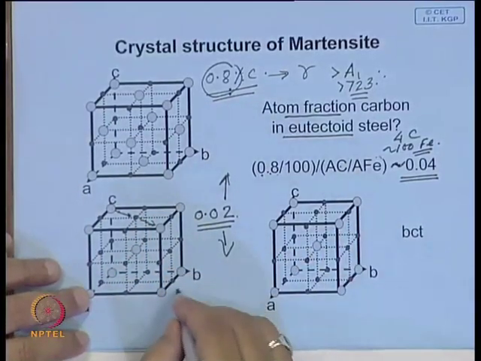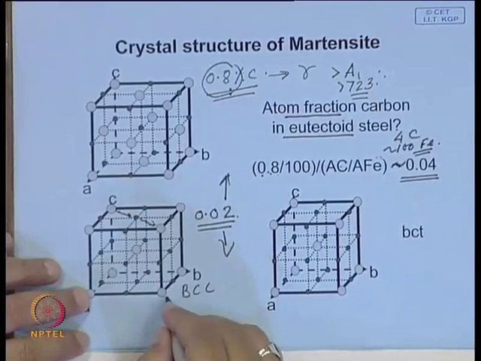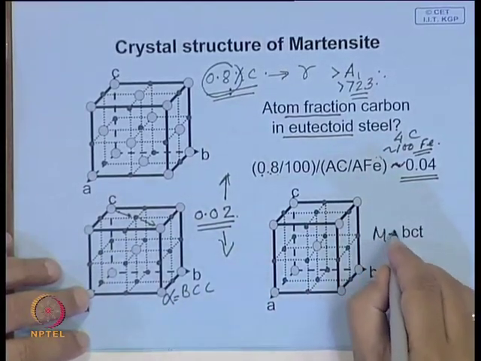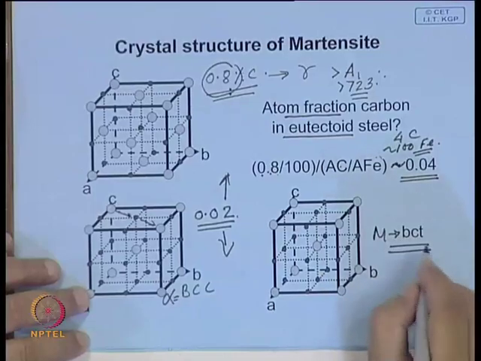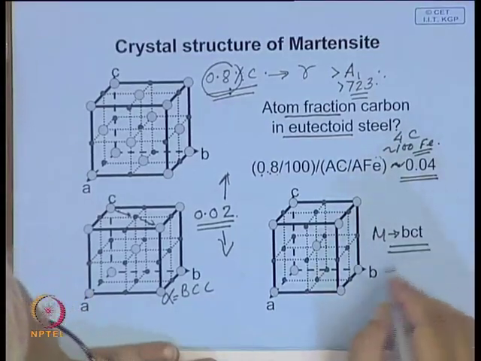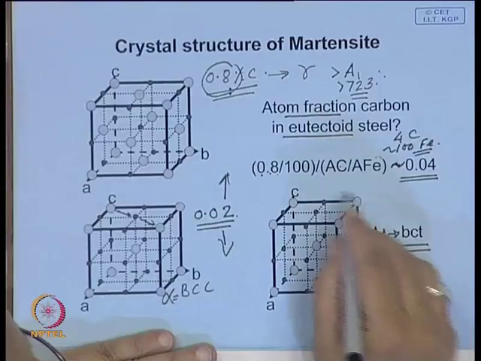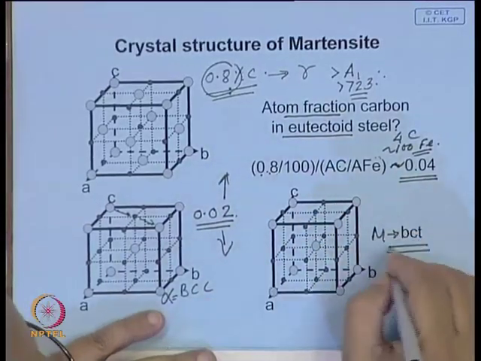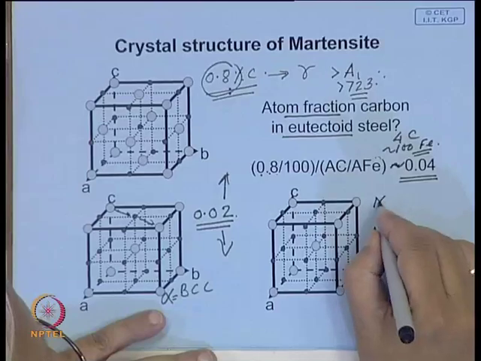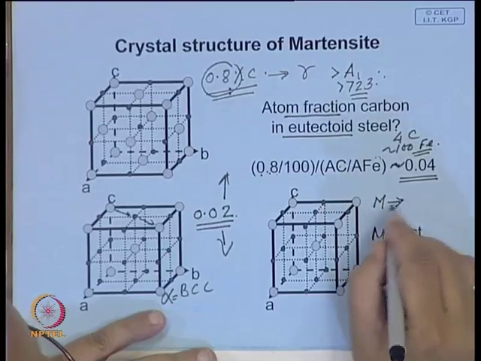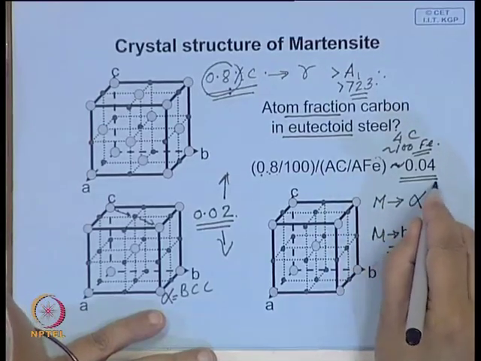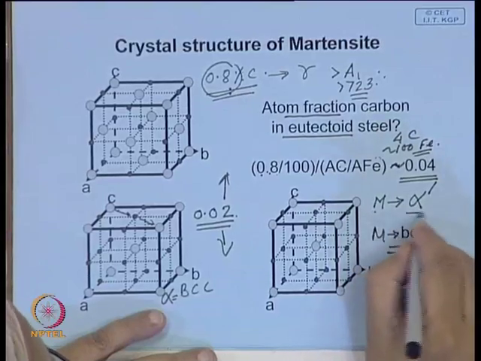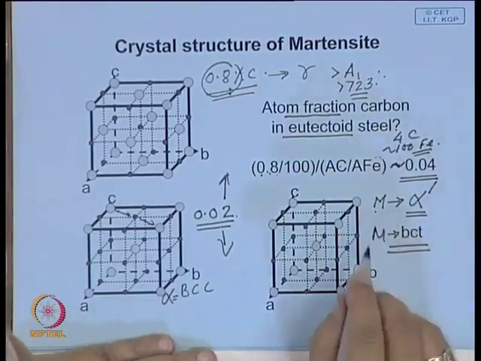Ferrite is BCC, but martensite is body centered tetragonal, and people often visualize this as a supersaturated solid solution of carbon in alpha iron, and often they write it as alpha prime.